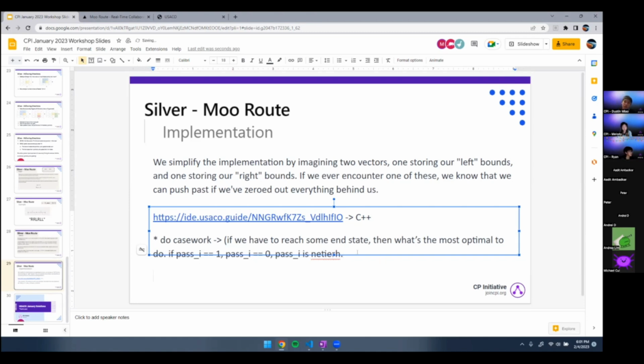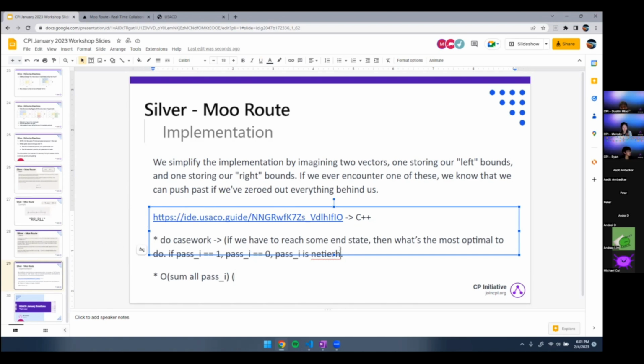And at the end, this is just going to be O of n, actually O of sum. Also consider a greedy approach, since a lot of silver problems are going to have more complex greedy problems than you see in bronze.